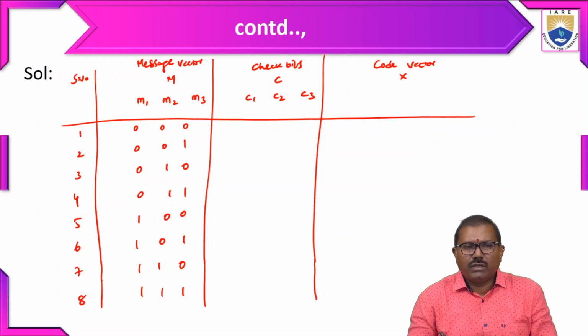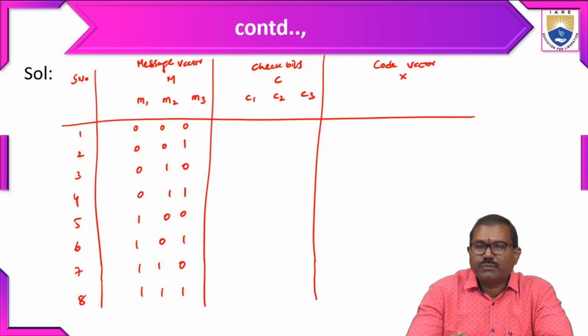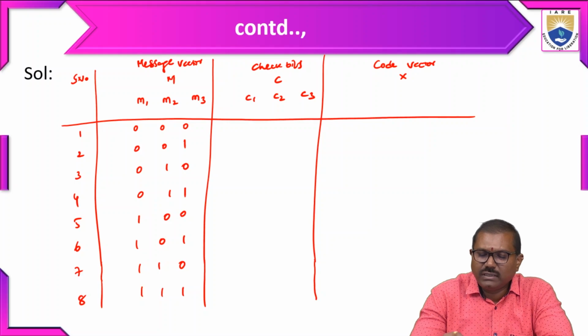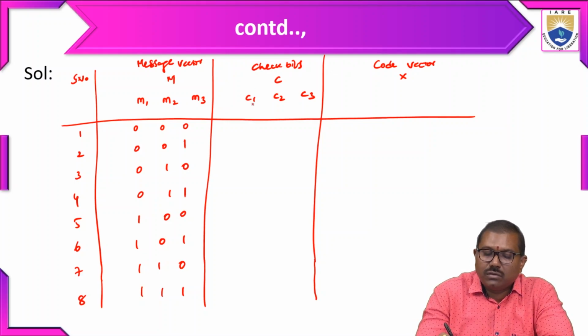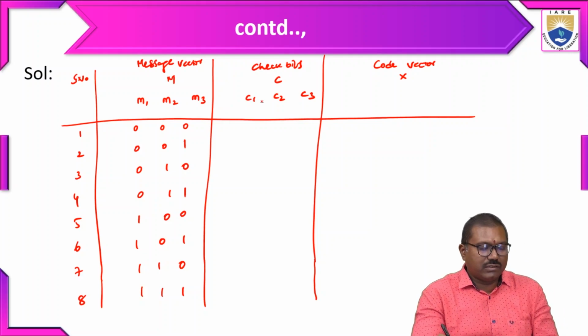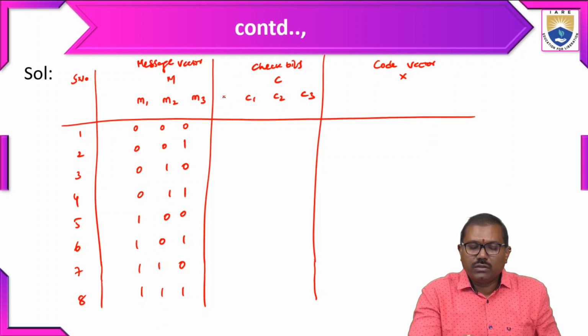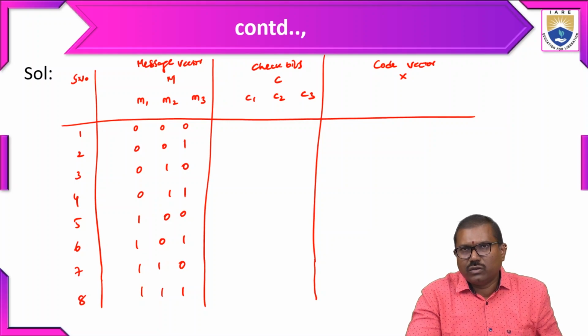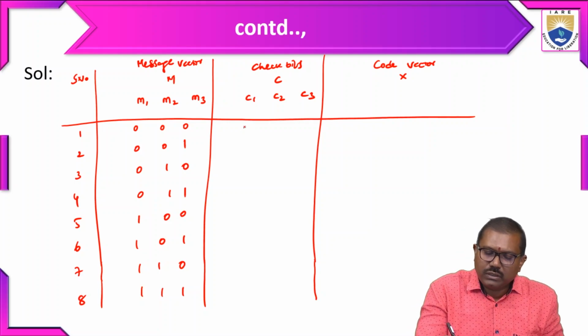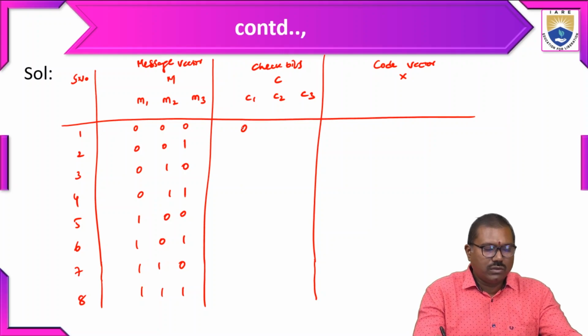For C1, what do we use? M2 XOR M3. M2 value is 0, M3 value is also 0, so 0 XOR 0 is simply 0. What is C2?